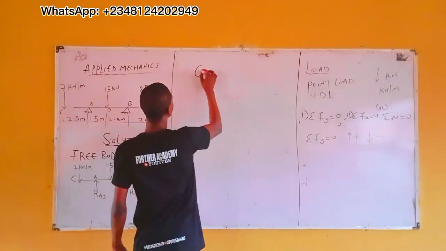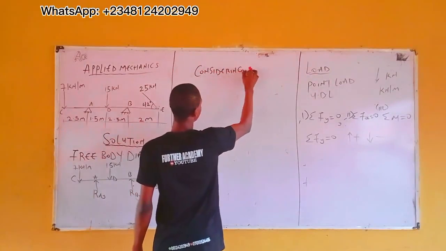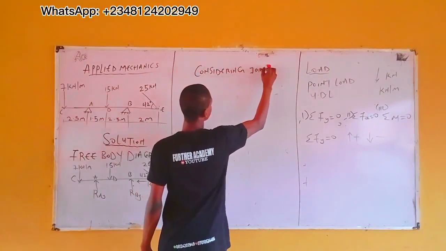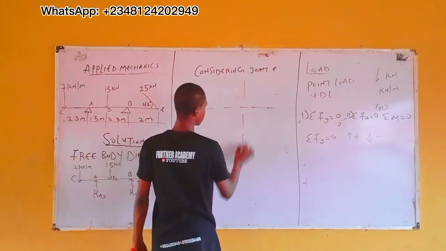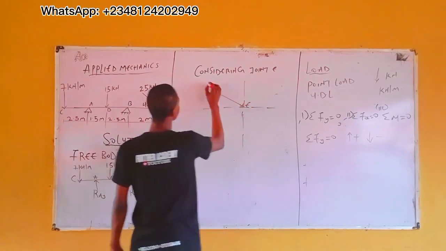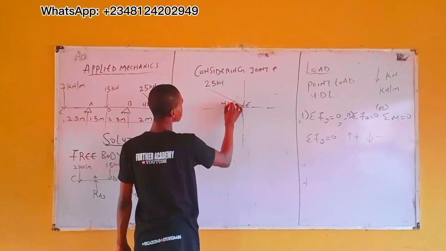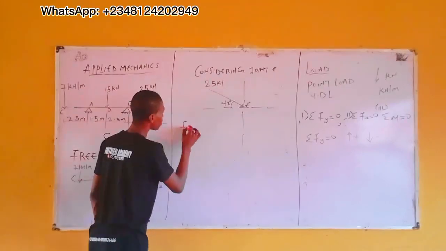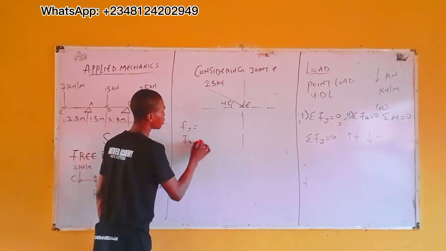So considering joint E, this is E, right? This is the force, 25 kilonewton. This is 42 degrees. So we want to solve for f of y and f of x. Now, for f of y, that will be what?